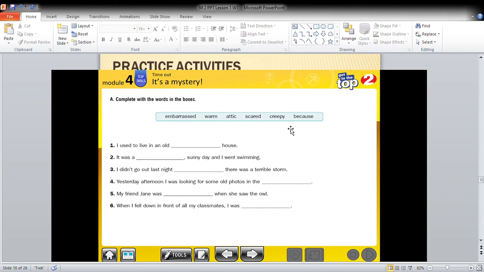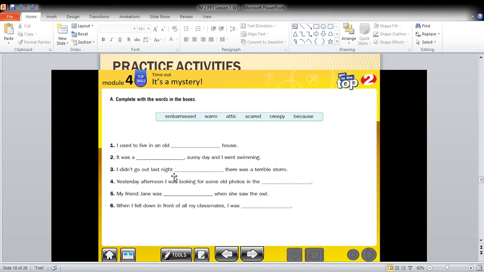These words inside the box are going to complete the sentences here from number 1 to number 6. Some of these words we will read from some stories, okay? So we are going to answer this. We have sentences, then we read: I used to live in an old blank house. It was a blank sunny day and I went swimming.